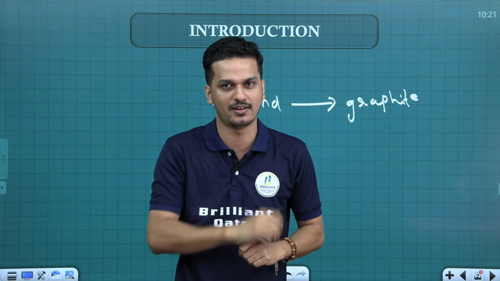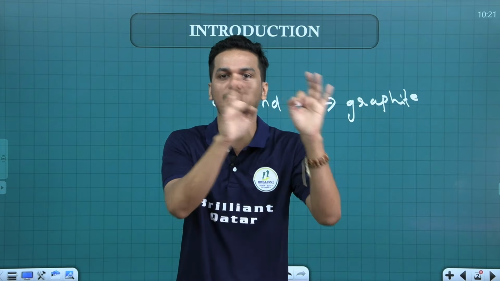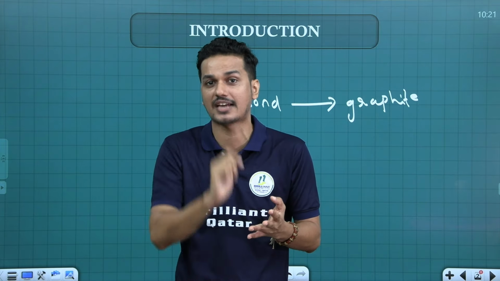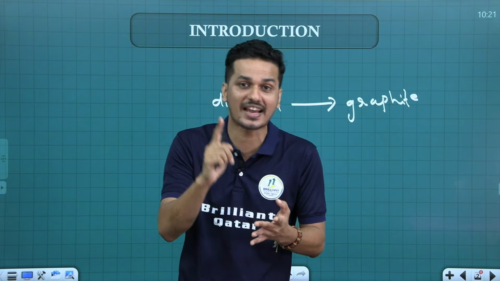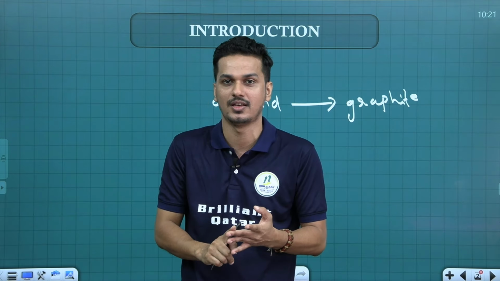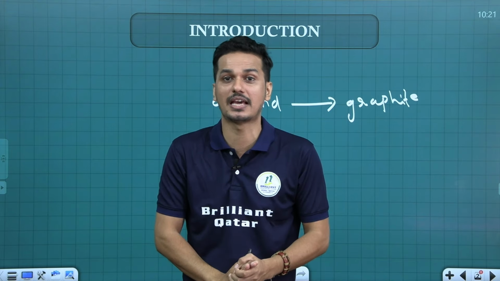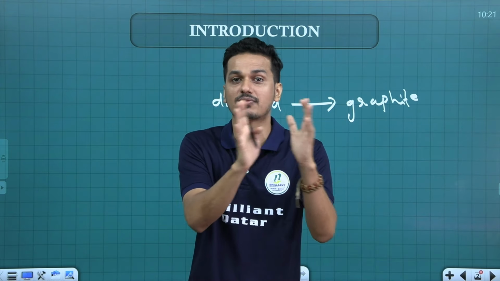I hope you understand. To learn the rate of reaction and how the reaction occurs, that means the reaction mechanism, as well as the factors affecting the rate of reaction, all these three are governed by what? Chemical kinetics. So what are the ideas we are going to learn?